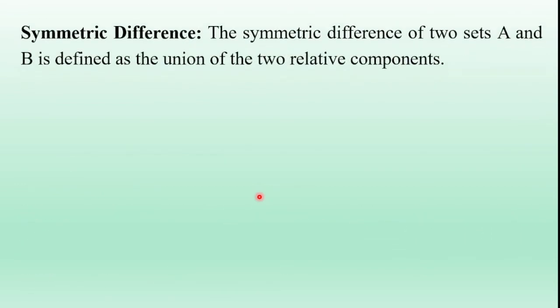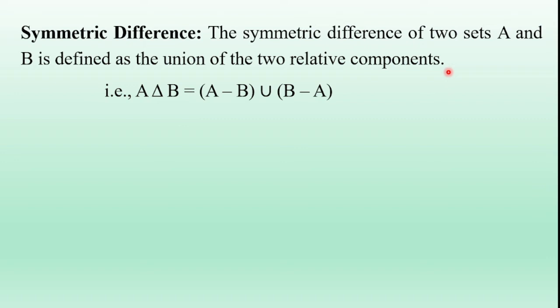Next, coming to the next operation, symmetric difference. The symmetric difference of two sets A and B is defined as the union of the two relative complements. Mathematically, it is written as A symmetric difference B is equal to (A minus B) union (B minus A). Notice the definition: the relative complement is nothing but a set difference.